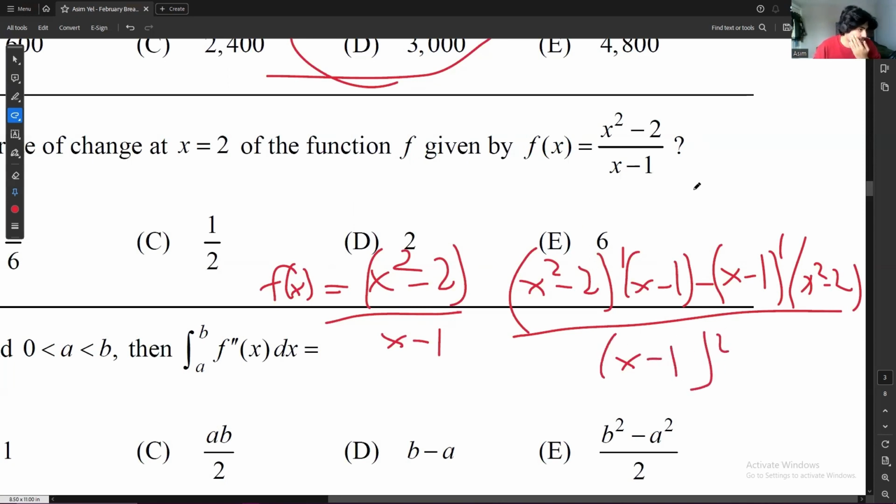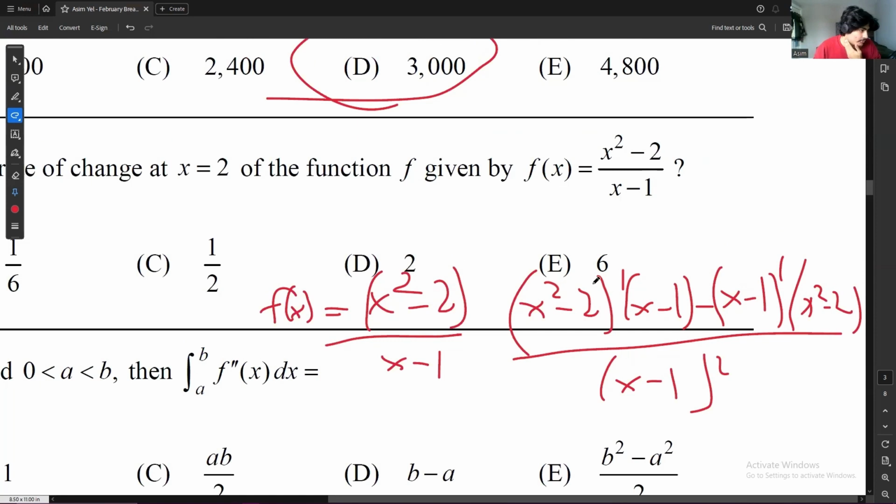Okay, so let's write this over here. What is the derivative of x squared minus 2? It's 2x times x minus 1 minus, what is the derivative of x minus 1? It's 1, so 1 times x squared minus 2 all over x minus 1 squared.